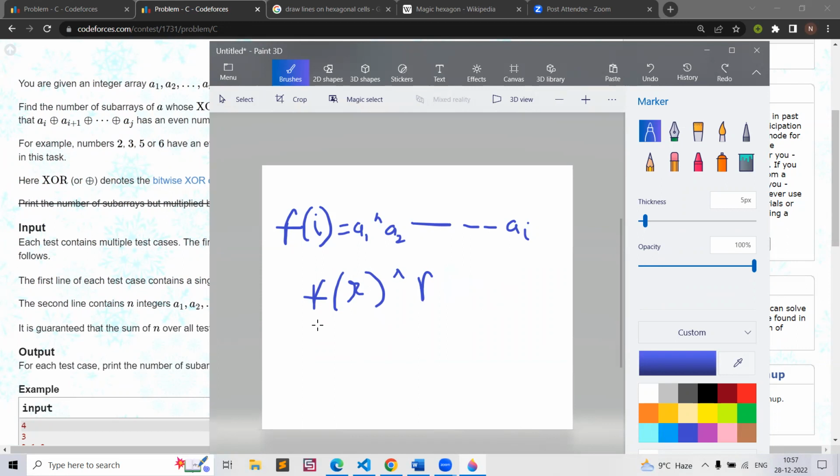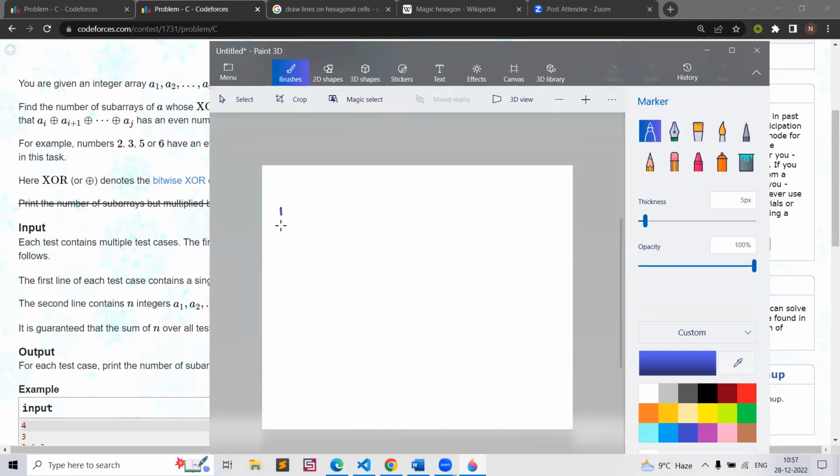We can notice from here that the numbers 1, 4, 9, 16, that are perfect squares, are the only ones having an odd number of divisors.